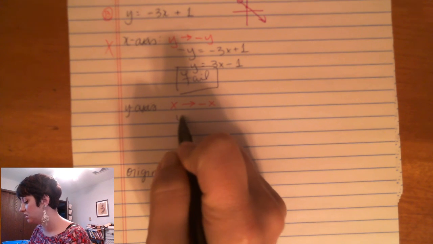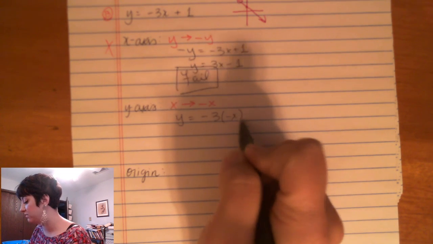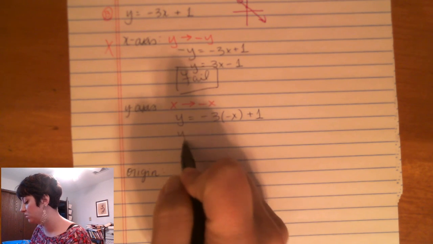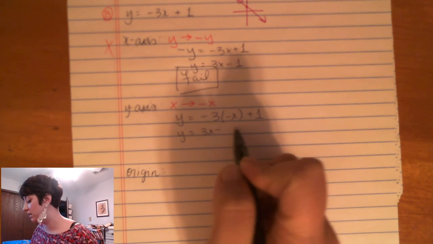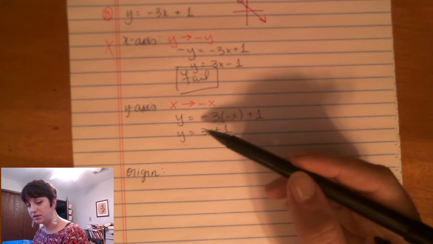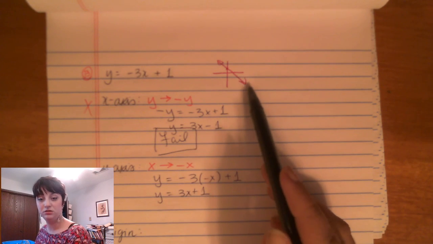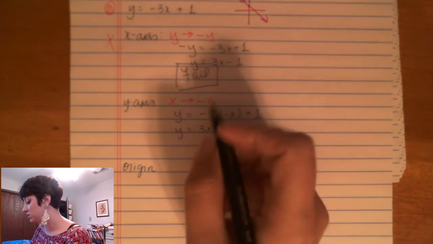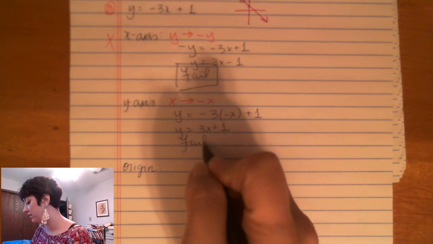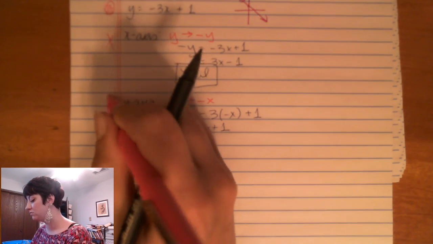So this is y equals -3 times negative x plus 1, or y is 3x plus 1. So this is a line with positive 3 slope and intercept 0, 1, which is not my original equation. So this is also a fail. So I do not have y-axis symmetry.